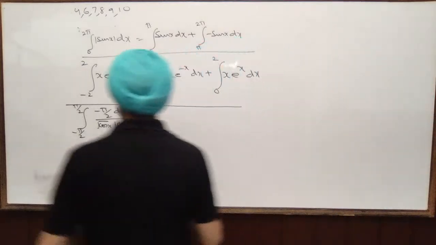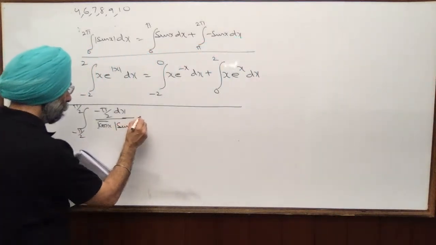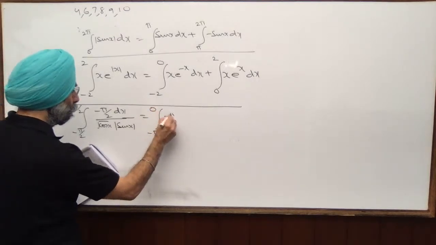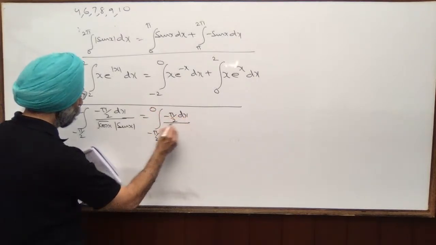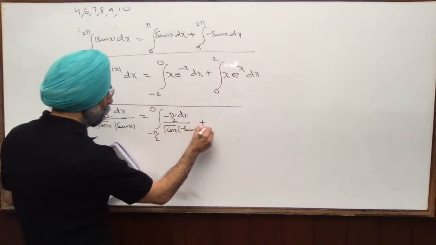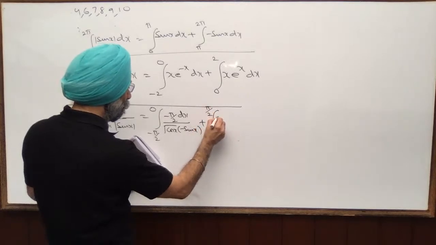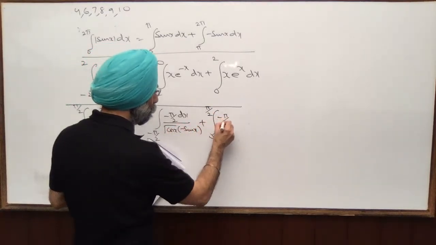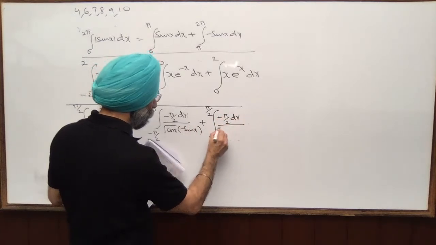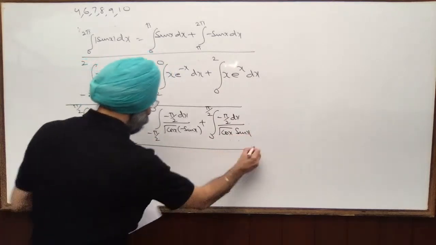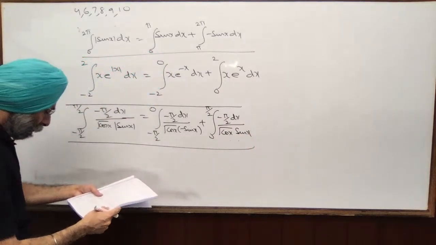Now mod of sin x means minus pi by 2 to 0, minus pi by 2 dx upon under root of cos x into minus sin x, plus 0 to pi by 2, minus pi by 2 dx over under root of cos x into sin x. This is your 8th one.